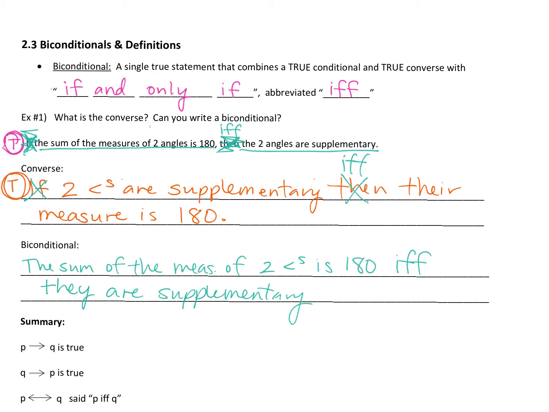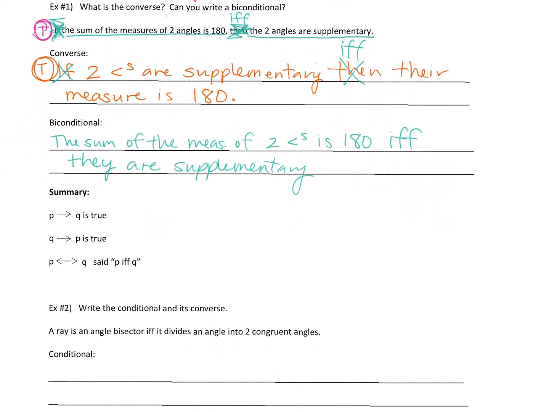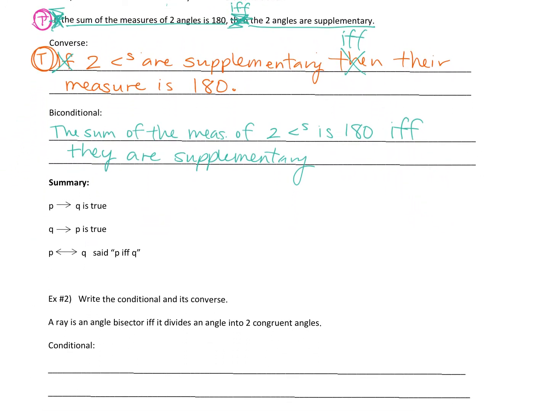The way we write this in terms of if P then Q is like this now: a P with the arrow going both ways, and then your Q. So you would say P if and only if Q. If you see that in the shorthand version, that's what they're looking at.